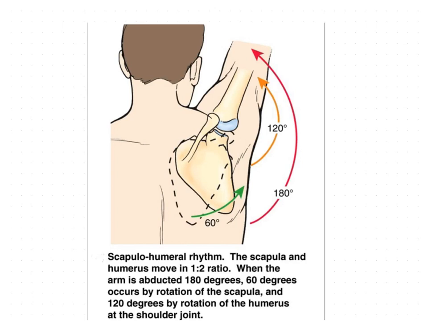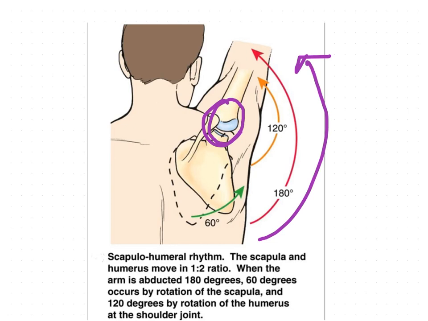The shoulder complex acts in a coordinated fashion to provide the smoothest and greatest range of motions possible in the upper limb. The motion available to the glenohumeral joint alone is not enough to get the full range of elevation.